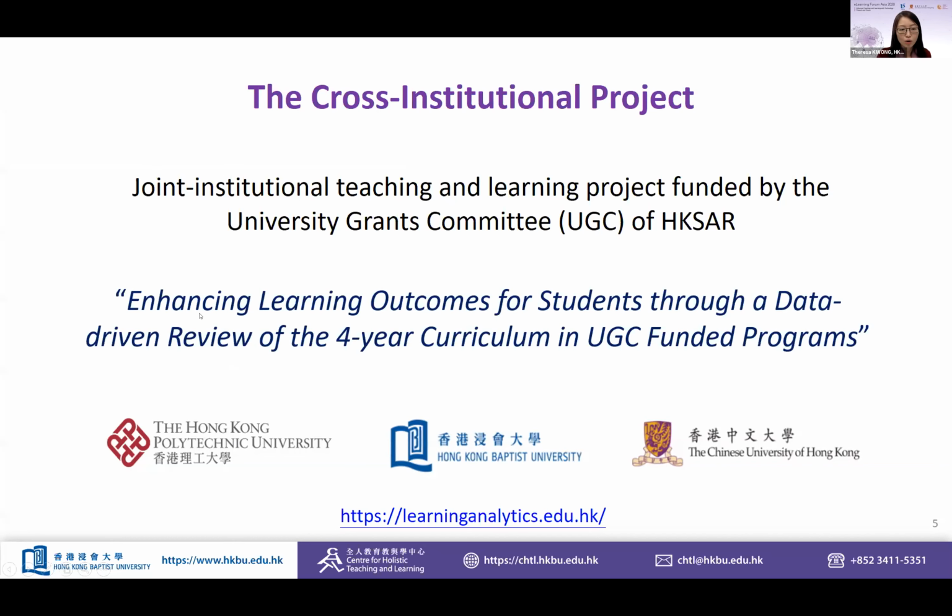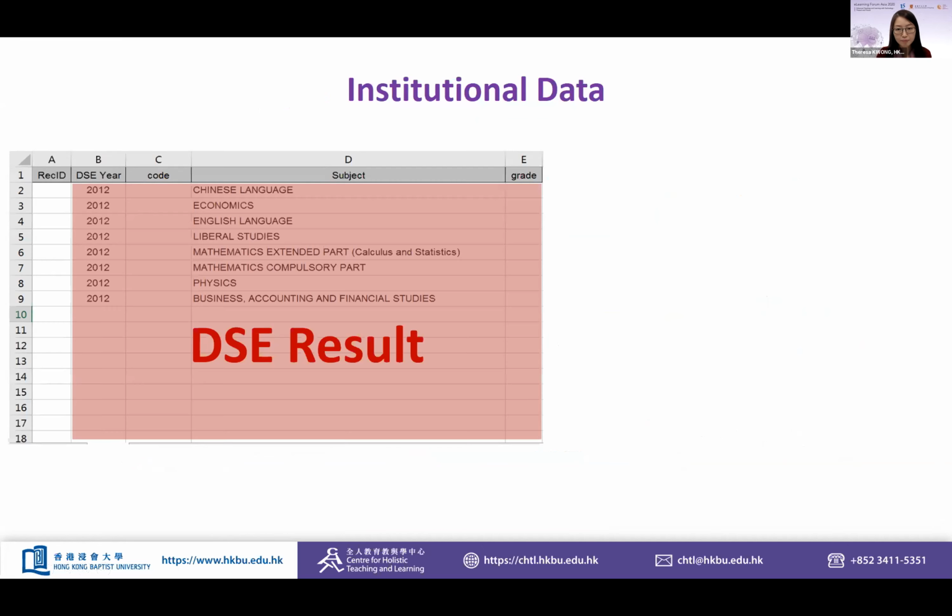The project is called Enhancing Learning Outcomes for Students through a data-driven review of the 4-year curriculum in UGC-funded programs. You might not know that we changed the curriculum structure from 3-year to 4-year in 2012. That is the education reform in Hong Kong. That's the reason why we would like to see if there is anything that we would like to improve for the new 4-year curriculum.